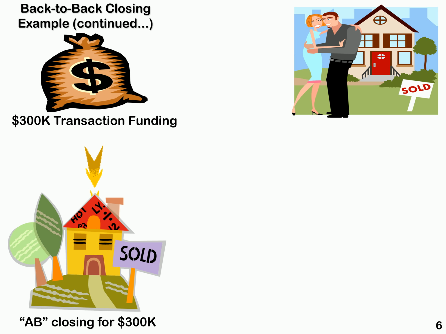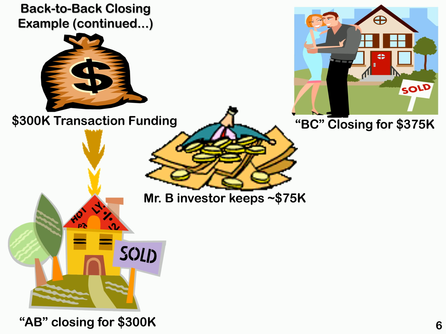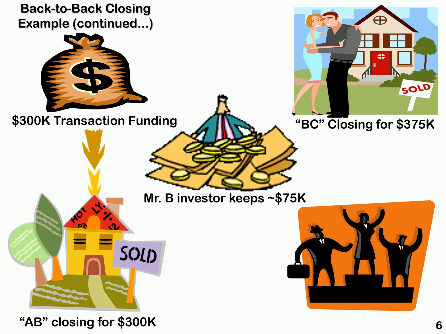Now, for the second transaction, the BC closing, where the wholesaler B sells to Mr. C, which is the end buyer, they close for $375,000. And after they close, Mr. B, the investor, keeps roughly $75,000 less closing costs. So now, in the end, everybody wins.